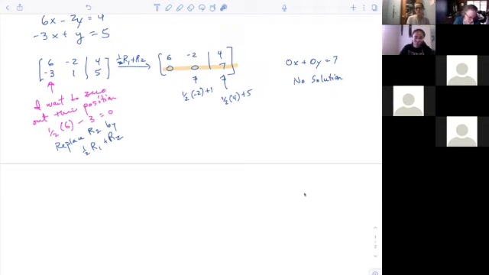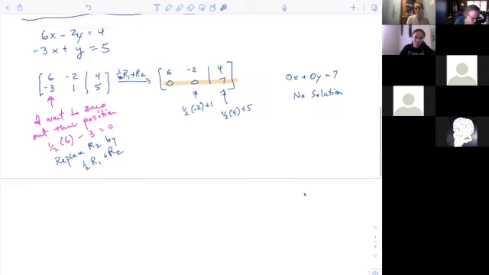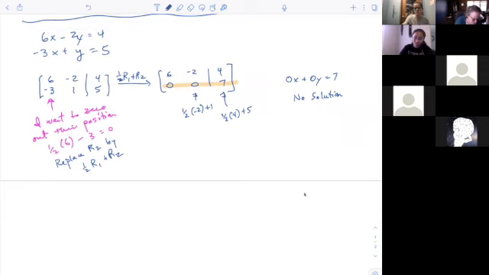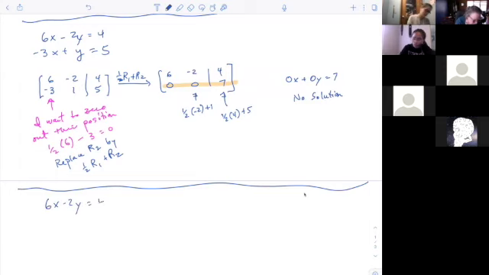Okay. All right, I'm going to change this up just a little bit. So I'm going to basically just take that same system, but just tweak it just a little bit. 3x plus y equals -2.